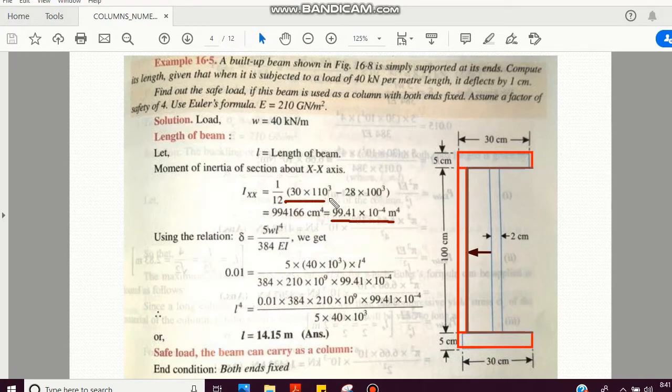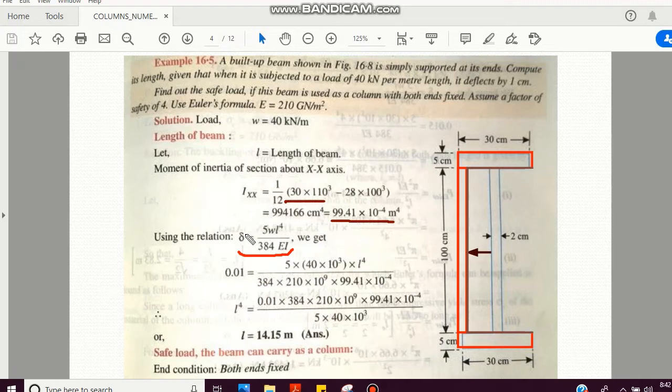Now the deflection relation. In the chapter on beam deflection, we get the deflection of a simply supported beam carrying a UDL. The relation is delta equals 5 into small w L to the power 4 by 384 EI.